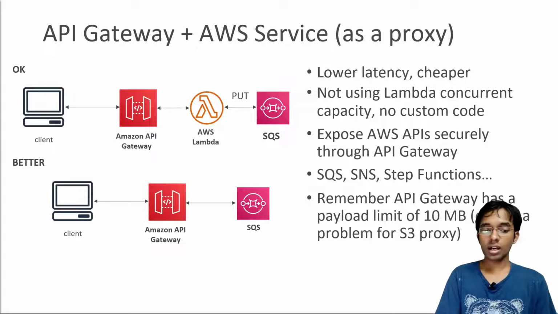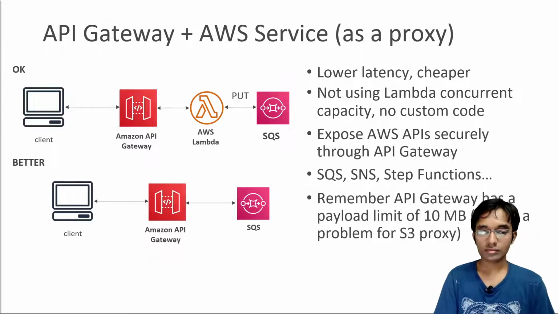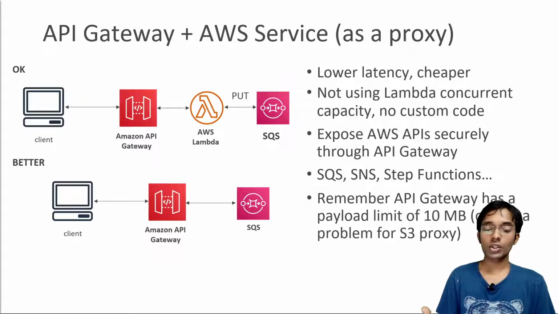So the better architecture here would be to have the client talk to the API Gateway and the API Gateway be integrated with SQS directly. So we definitely would do this, number one, because we get lower latency and it's cheaper. We avoid invoking Lambda and it makes more sense.